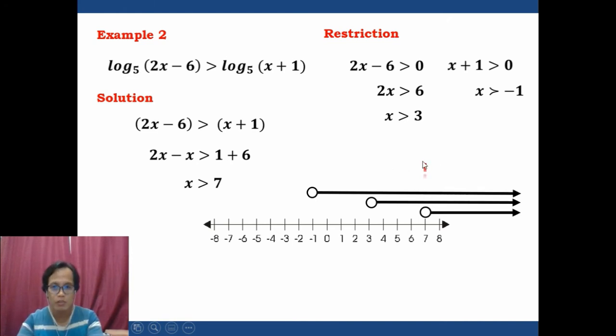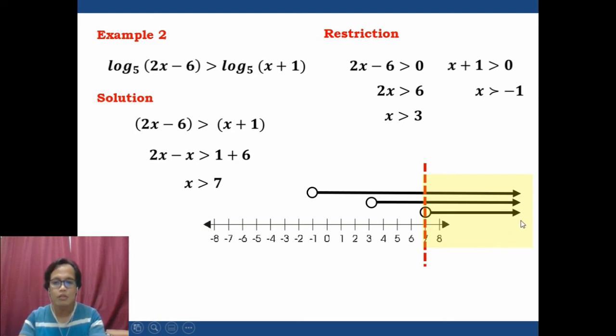We need to use this boundary here because of this region which is common to the three inequalities. So the three inequalities coincide starting at this point here. Take note, if we are going to shade our solution set for this inequality, we can have this solution set.